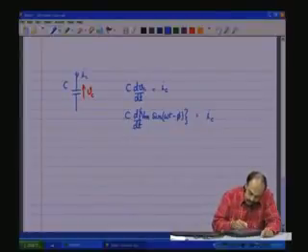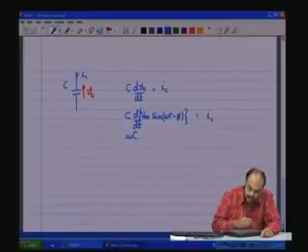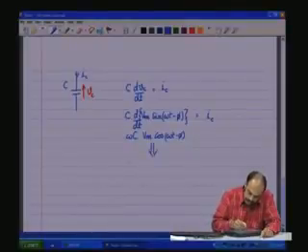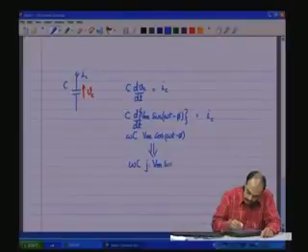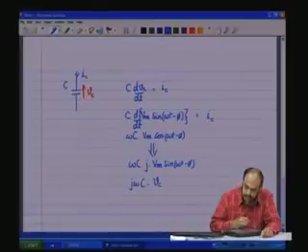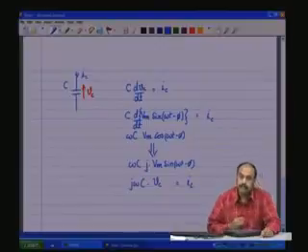So, it will be omega C Vm cos omega t minus phi, or this can be written as omega C j into Vm sin omega t minus phi, or we call it as j omega C into Vc, and this is equal to your IC.